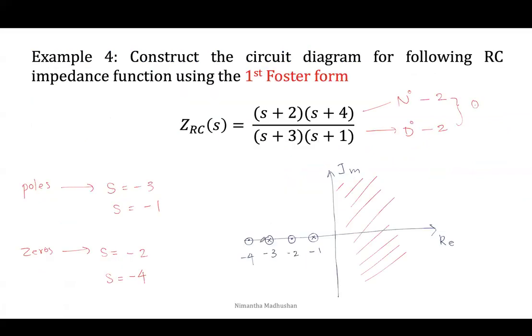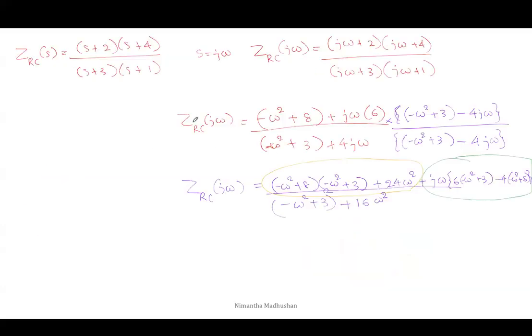For that, we have to find the partial fraction expansion of this given function. Now I will do the partial fraction expansion. The function is (s plus 2)(s plus 4) over (s plus 3)(s plus 1).